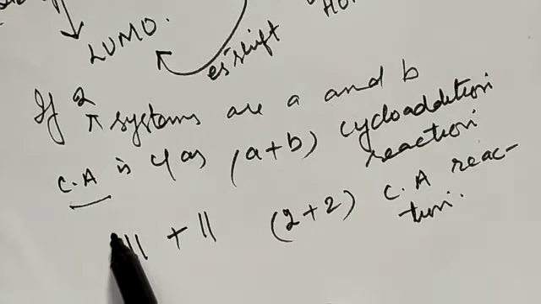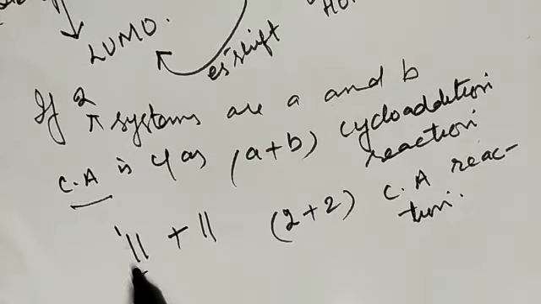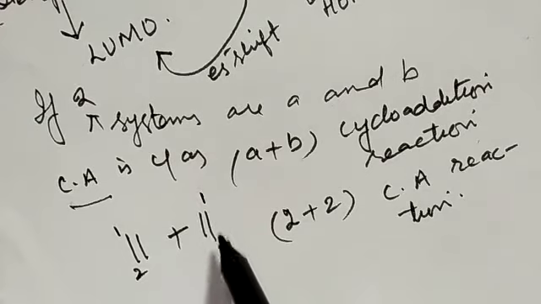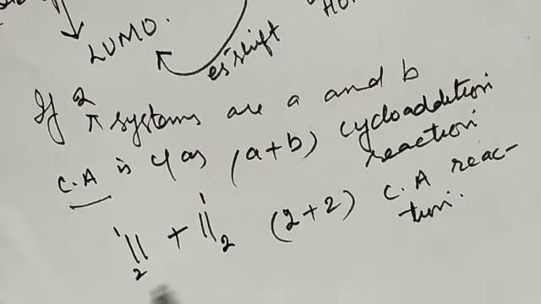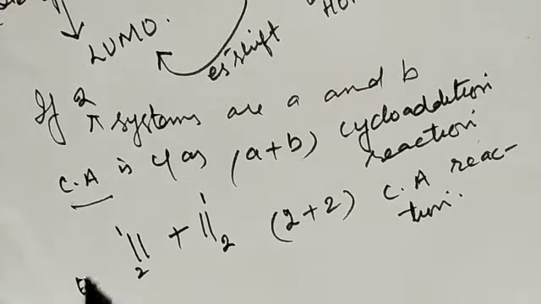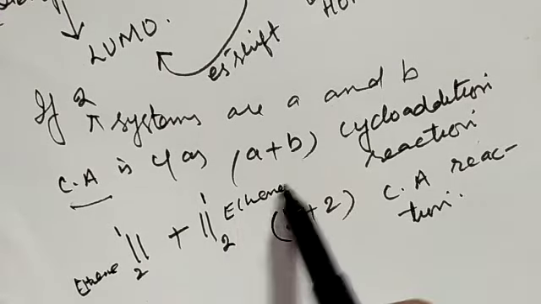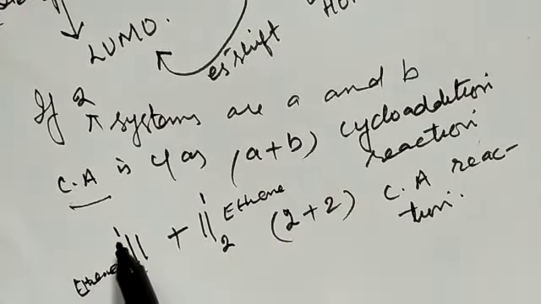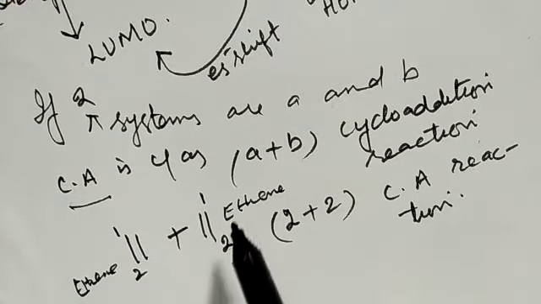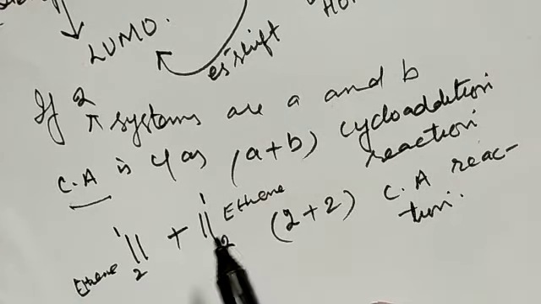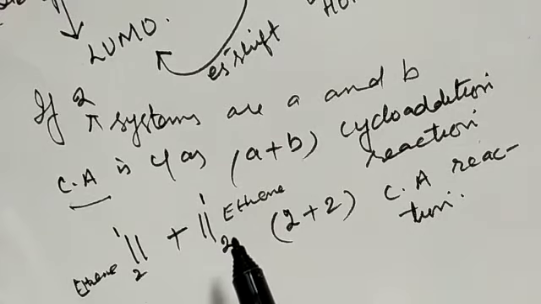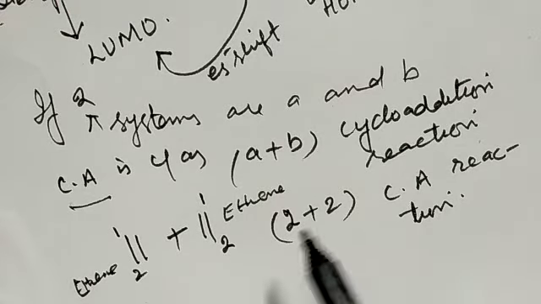Because two carbon atoms are in this case and two carbon atoms are in this case. This is ethene, this is also ethene, right? So this reaction is a 2 plus 2 cycloaddition reaction, right?